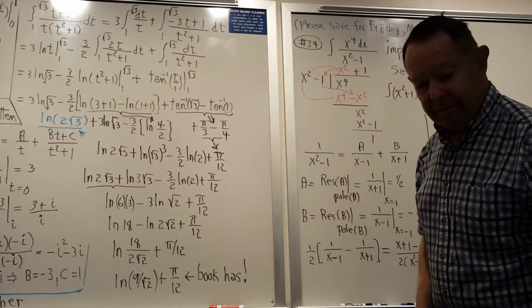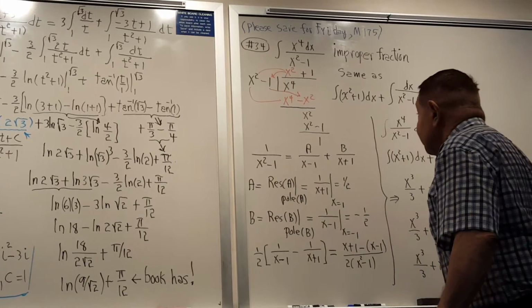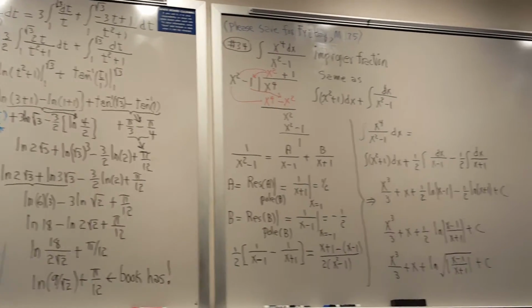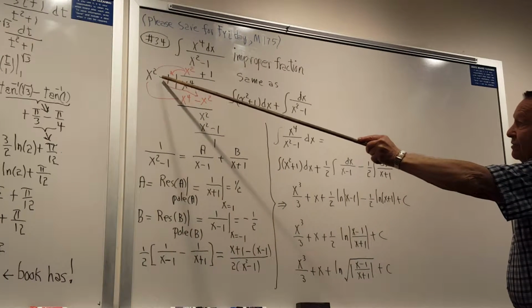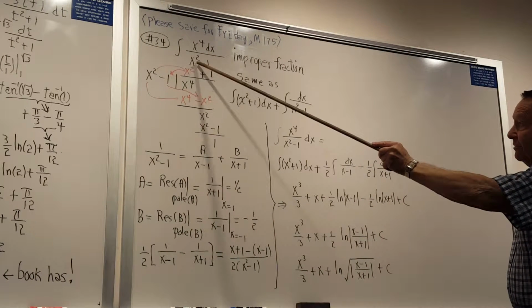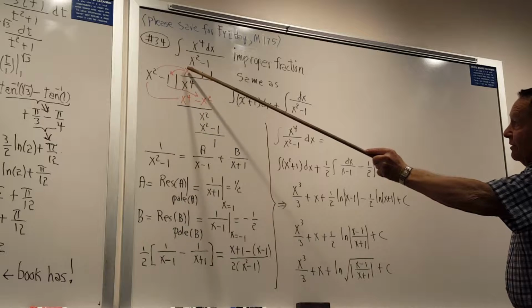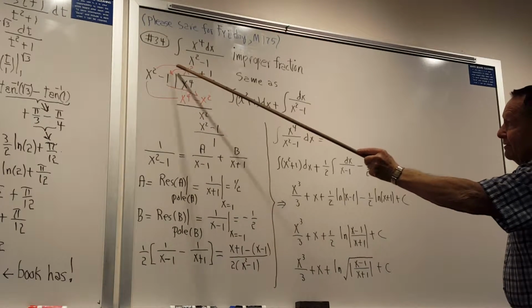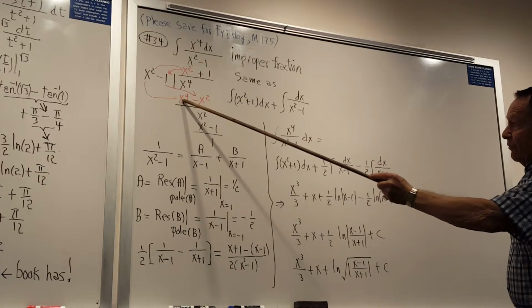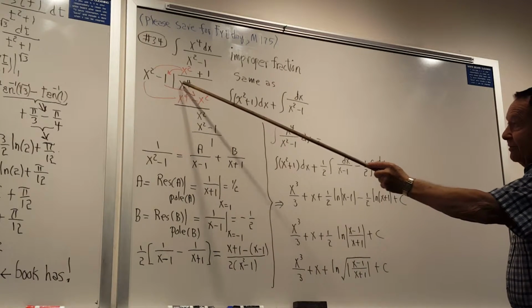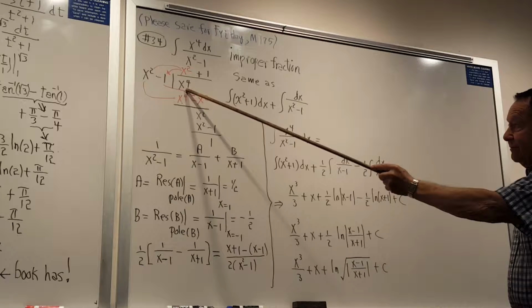So if you're doing this by hand with your improper fraction, first divide it down with long division. So what goes here times what's here brought over here has to be identical to the line above it.